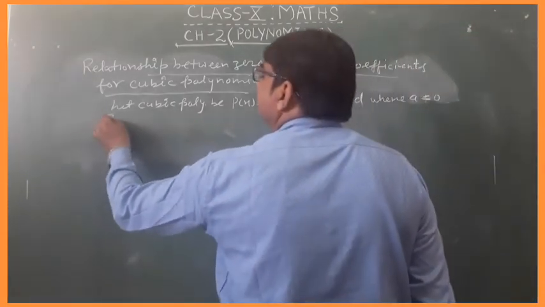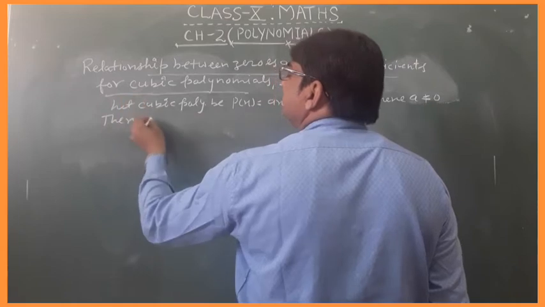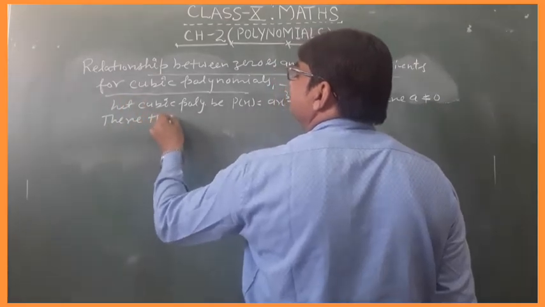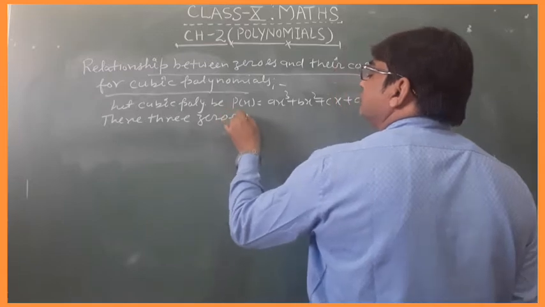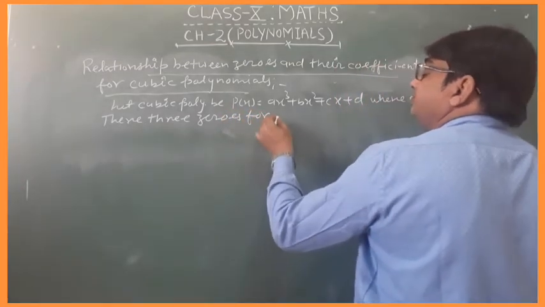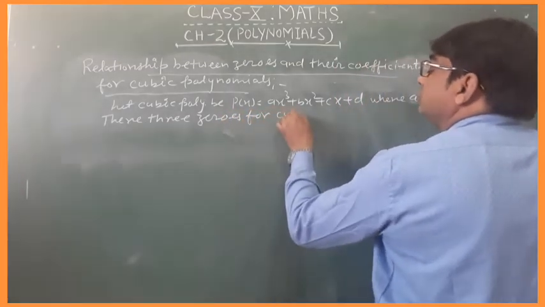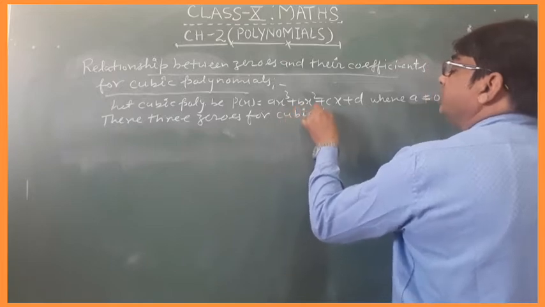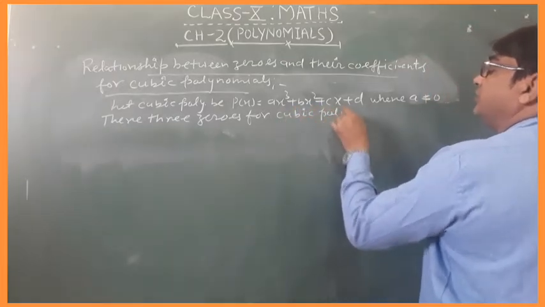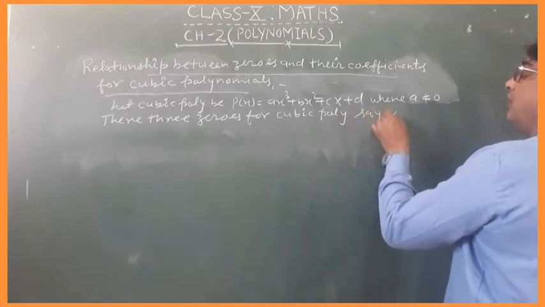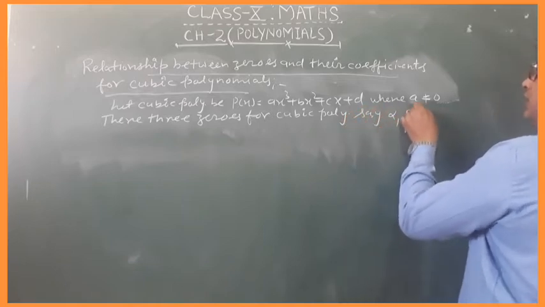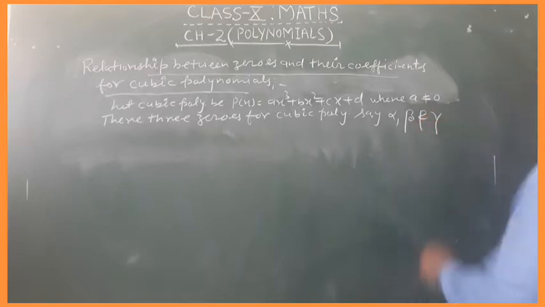There are 3 zeros for a cubic polynomial, say alpha, beta and gamma.